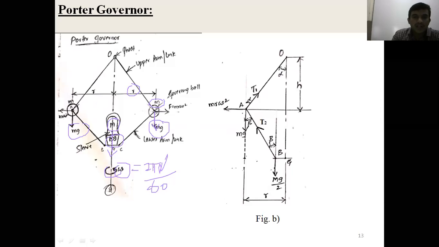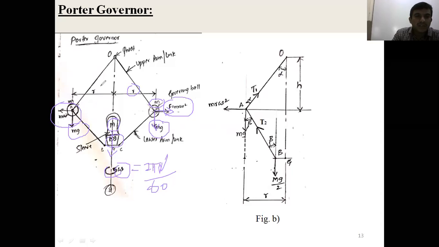Due to that, a centrifugal force is generated from the governor ball, whose magnitude is m r omega square. That acts radially outward. A force acting radially outward is called the centrifugal force.